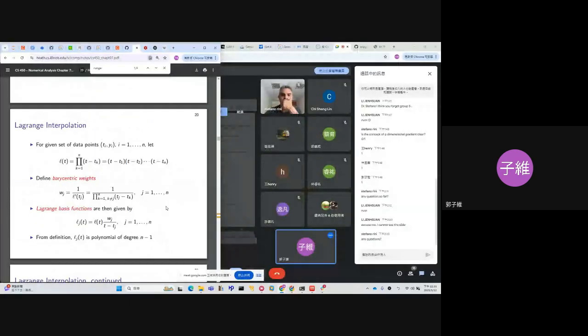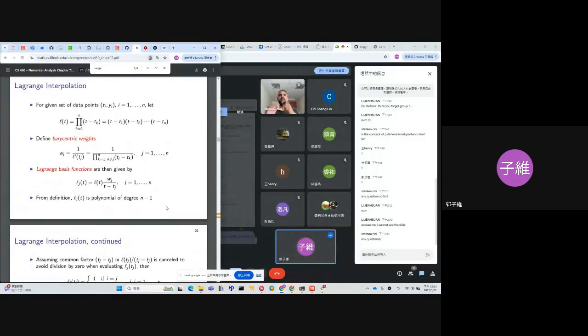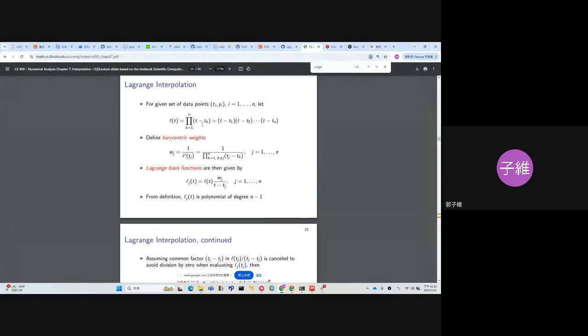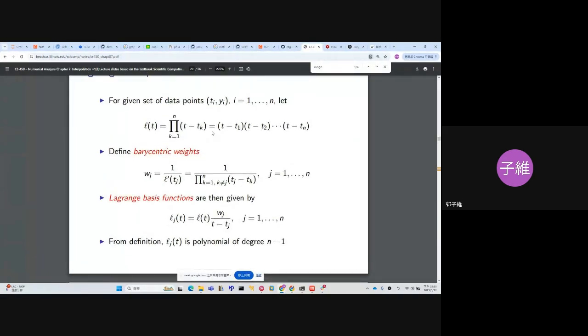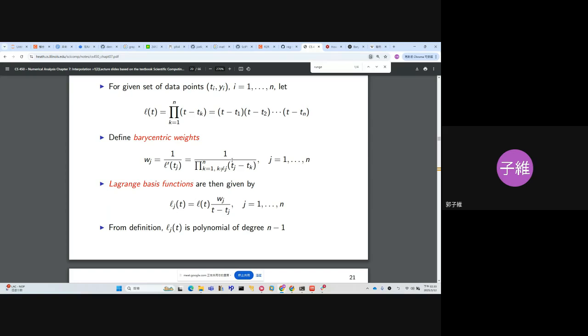So let's recap on the concept of barycentric interpolation. So for a given set of data points, like so, these are the polynomials, and we have an evaluation point. Let's say we want to evaluate a point at x equals 2, just an example, to show what the missing data might look like.